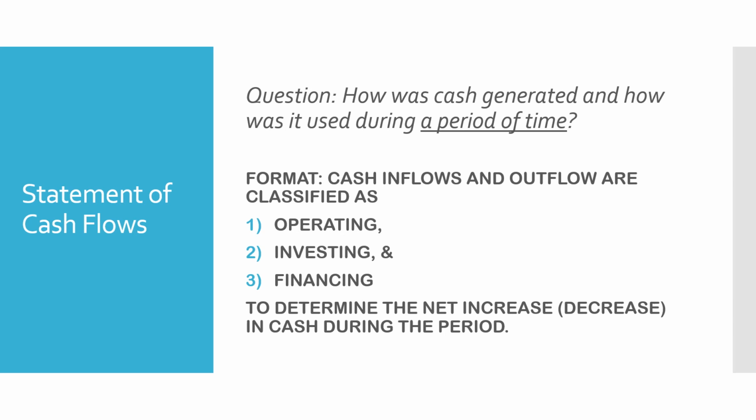On your statement of cash flows, cash inflows and outflows are classified into one of three categories: operating, investing, or financing. And then once we have done the classification, we can determine the net increase or decrease in cash during the period. We'll be talking about the statement of cash flows in more detail later.